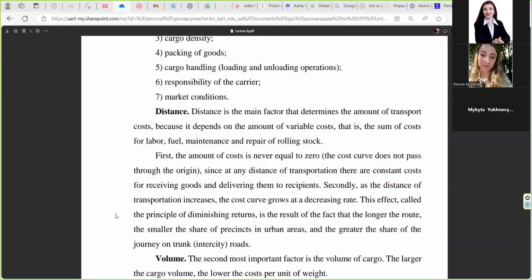So it is a very important and really economic factor, and we could know how much it costs when we deliver over a short distance, for example, or over a long distance, and what we could do to make it cheaper.